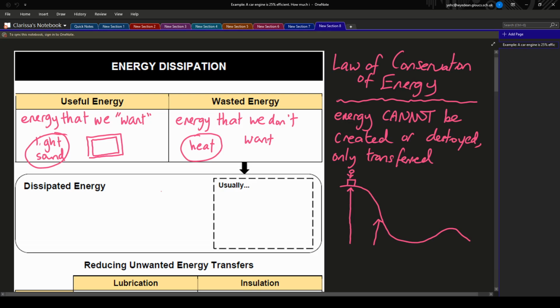Let's try another example. Let's say we have a kettle. What is useful and what is wasted? So let's start with useful. What type of energy do we want from a kettle?